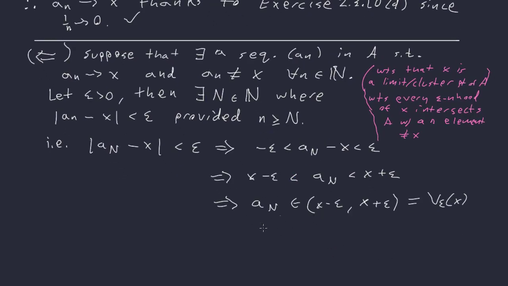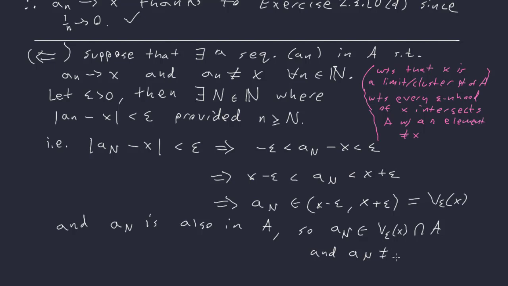And a sub n is also in A. So a sub capital N is in the epsilon neighborhood of x intersect A, and a sub N is not equal to x.